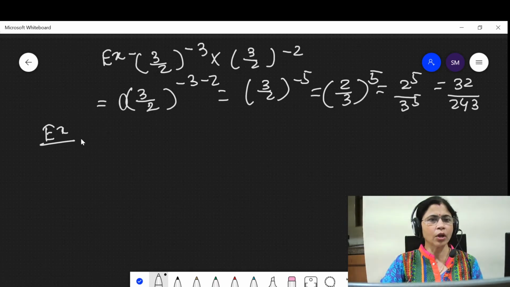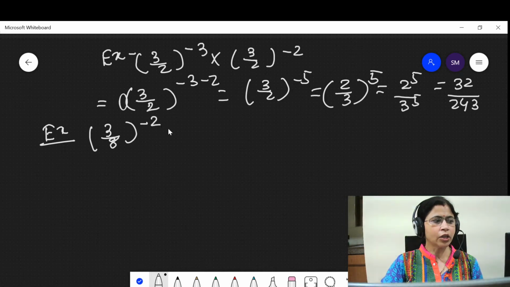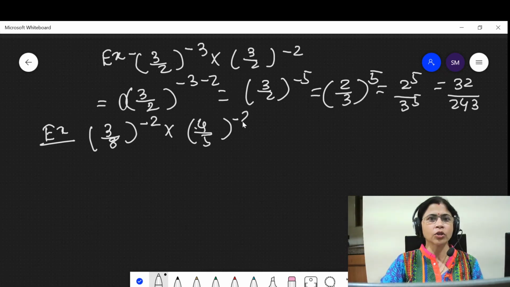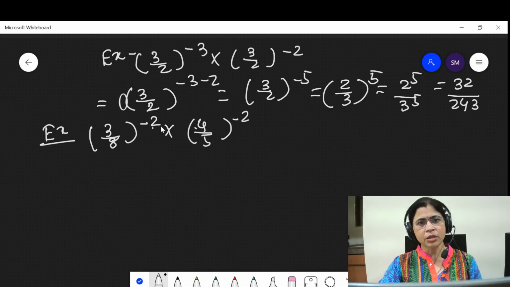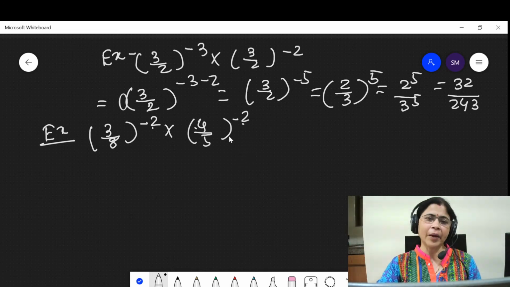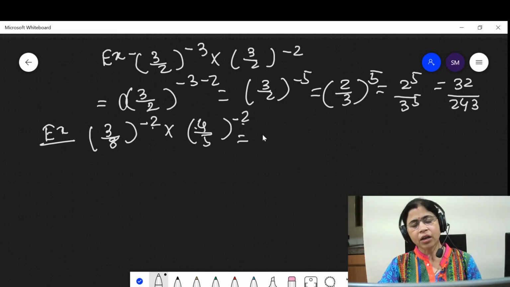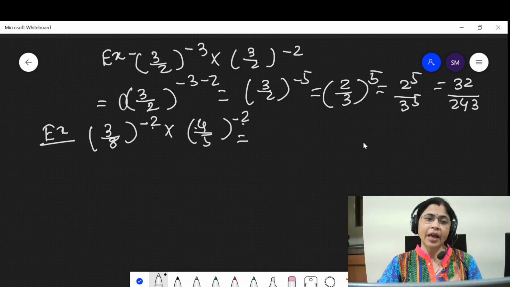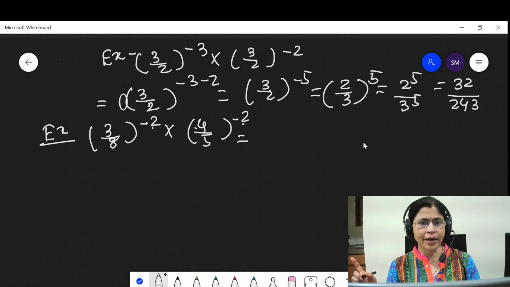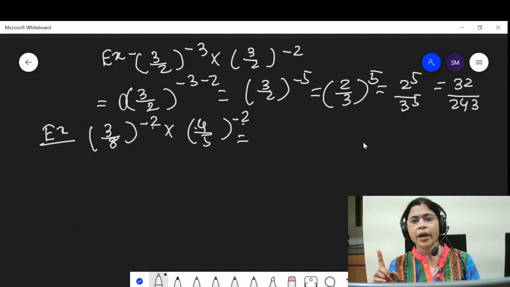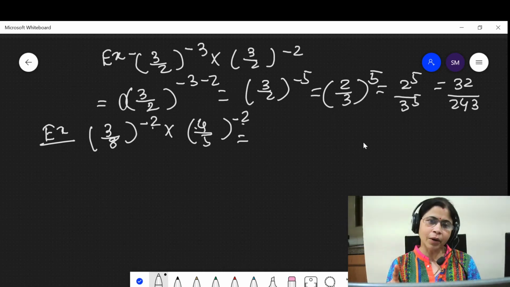Then another example. Evaluate the value of (3/8)^(-2) times (4/5)^(-2). Here the exponents are the same and the bases are different. Now recall the theory that (a/b)^n times (c/d)^n is equal to ((a/b) times (c/d))^n.